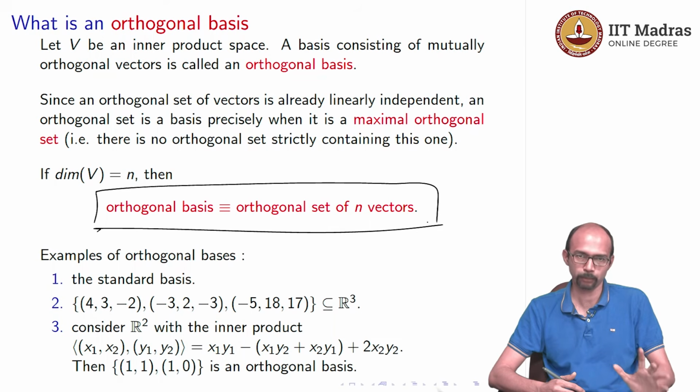This is the main point, and after that we defined the notion of an orthogonal basis, namely an orthogonal set which is also a basis. If your vector space has dimension n, this means you have a set of n vectors which forms an orthogonal set, and we have seen examples here. Thank you.